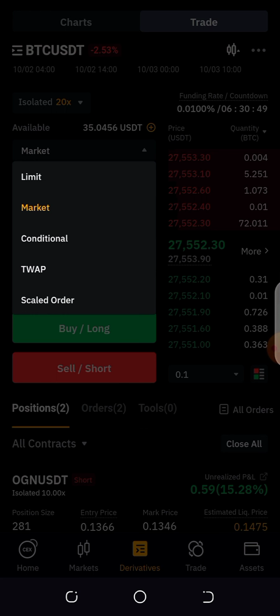Now look, the first one is the limit. Now let me just use a very simple explanation to it. Let's say, for example, that you want to trade Bitcoin, and the normal Bitcoin price should be about $5. I don't just want to confuse you so that you understand it. We know that's not the price of BTC, but let's say the normal Bitcoin price is $5.